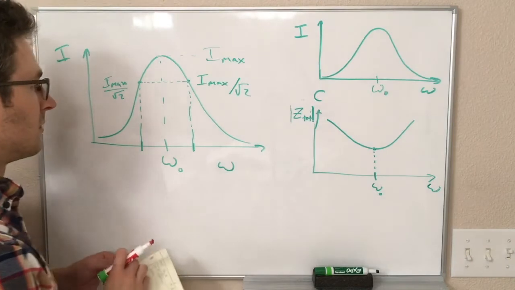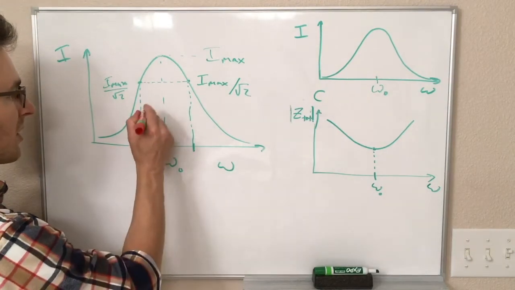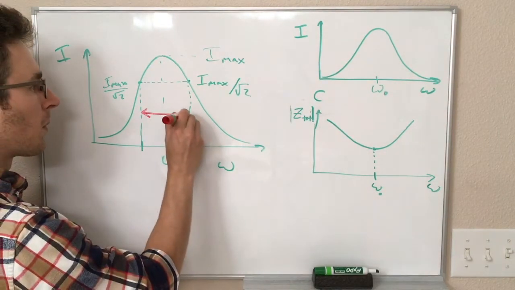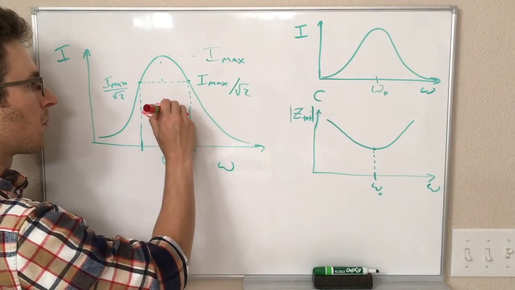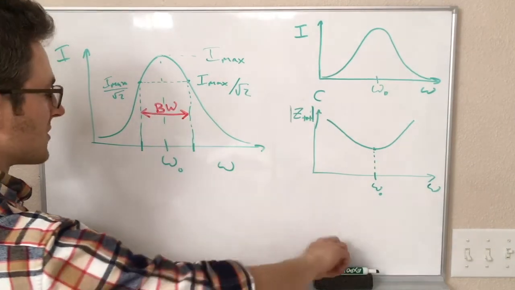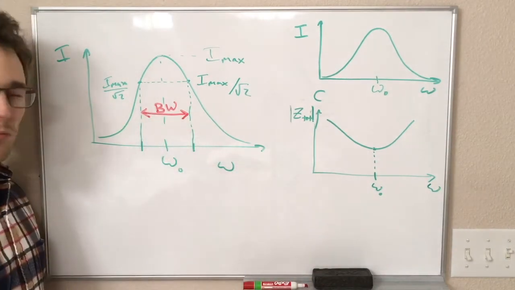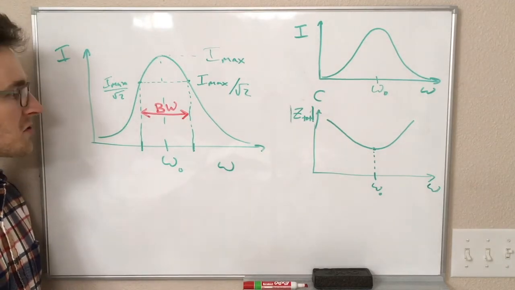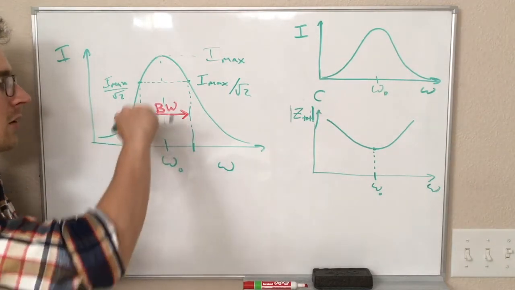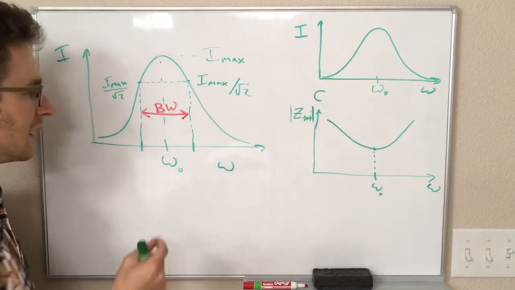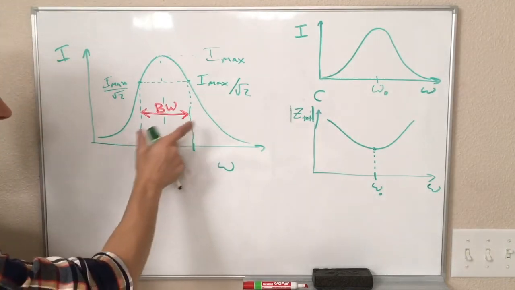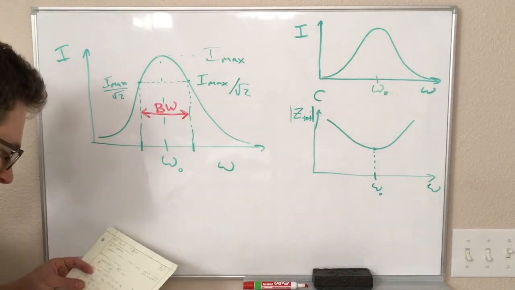And you've probably heard that term before in some context. This is the bandwidth, and that is some number of radians per second or some number of hertz that our resonant peak is wide. That's the width of our resonant peak.